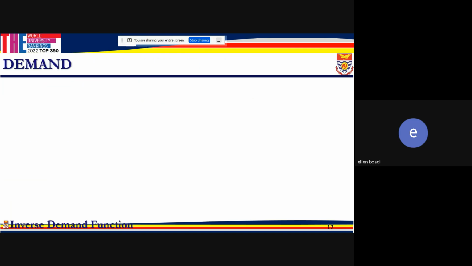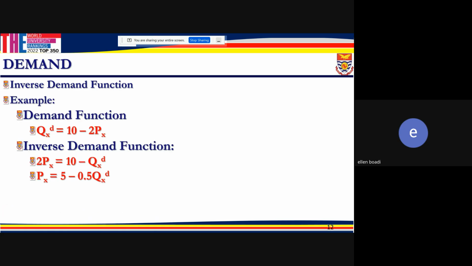But sometimes instead of Q being the subject, we make P the subject. It is still a demand function. When you have a demand function where price is the subject, we call it an inverse demand function, and you should know about that.